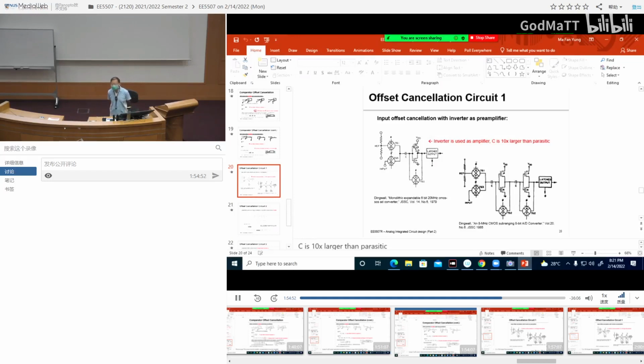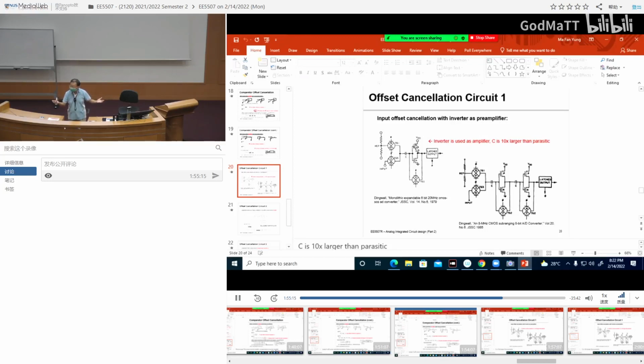Why can an inverter be used as an amplifier? Is an inverter a digital circuit or an analog circuit? Who says inverter is a digital circuit? Raise your hand. Nobody.